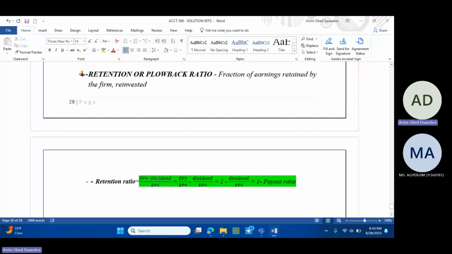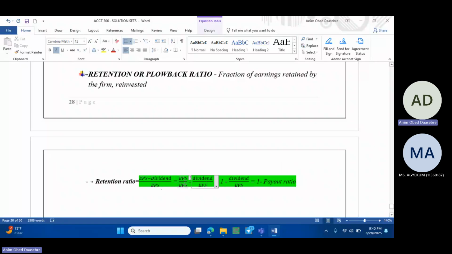Dividends: the fraction of your earnings that you have paid out as dividends from your total earnings. The remaining is what? Your retention ratio. So when you do this, you get this second one, because one, earnings per share divided by dividends over earnings per share minus dividends divided by dividends.